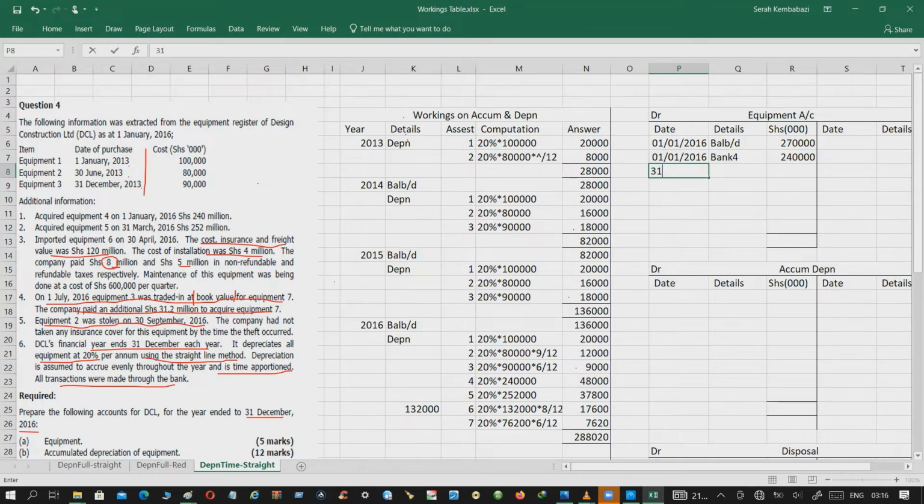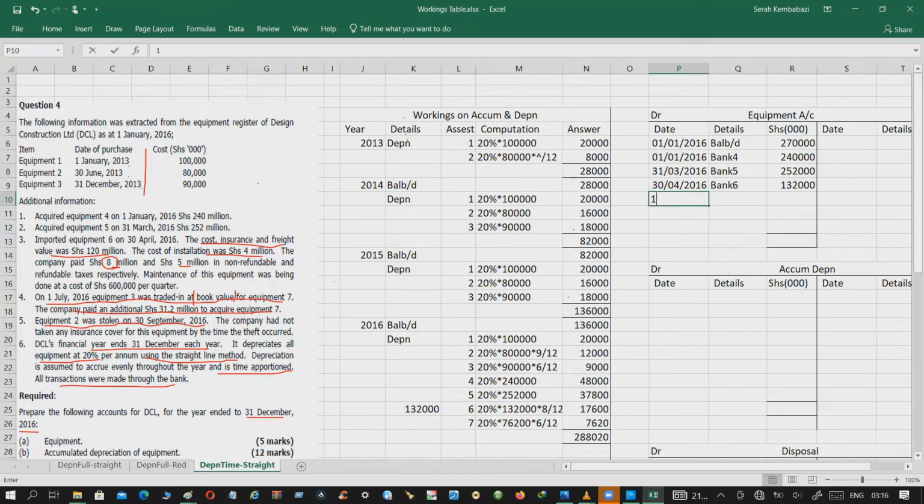Then again on 31st of March 2016, we got money from the bank and bought equipment 5 at a cost of 252,000. Not forgetting also that on 30th April 2016, we imported equipment 6 that had a cost of about 132,000.